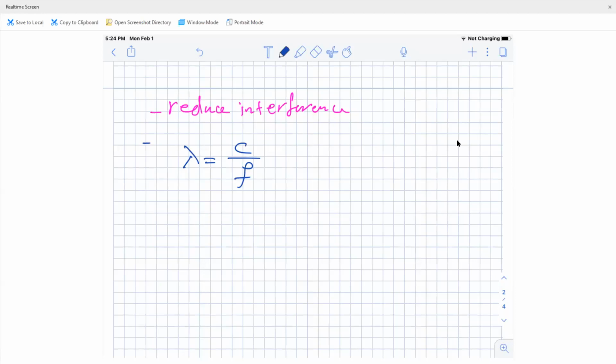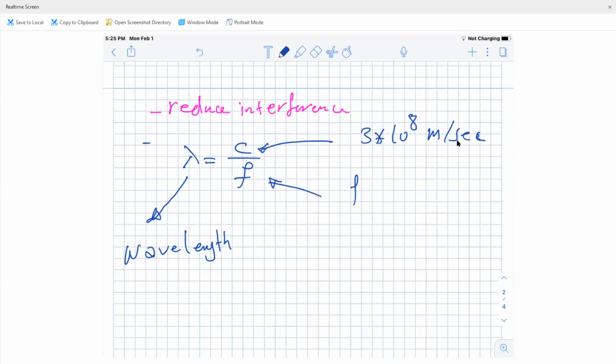Lambda is the wavelength. C is the speed of light, 3 times 10 to power 8 meter per second. And F is frequency.